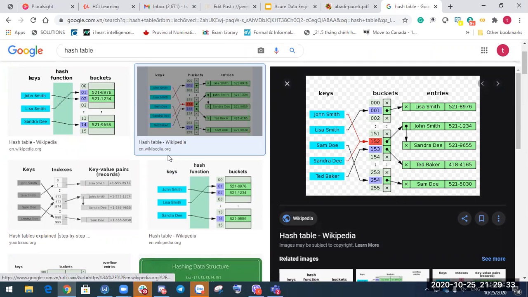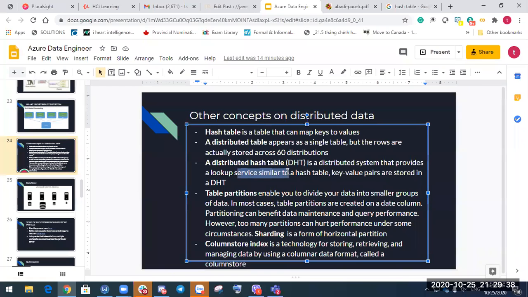To extend this, we have the distributed hash table. It's a distributed system that provides a lookup service similar to a hash table. When you talk about hash, there are always key and value pairs, similar to the hash algorithm too. Now for the distributed table.